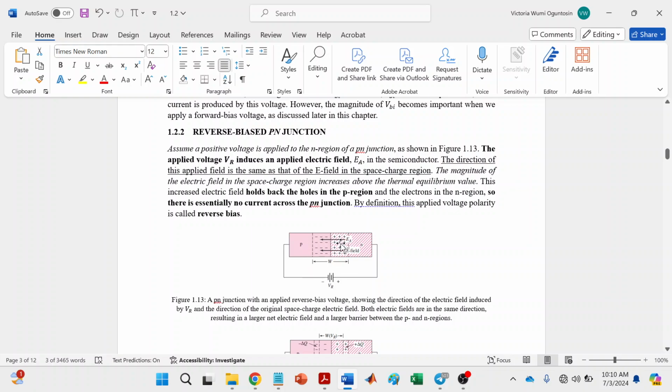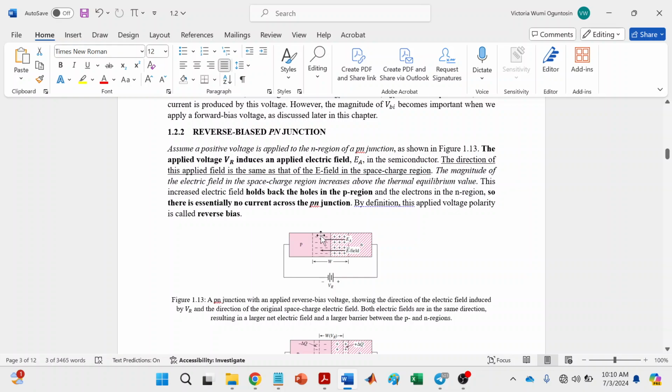So as a result of this, when these two electric fields combine, they increase the electric field in the space charge region. So the electric field in the space charge region is further increased above what it was when no voltage is applied.